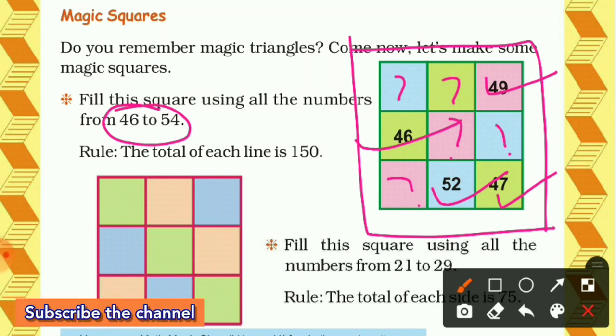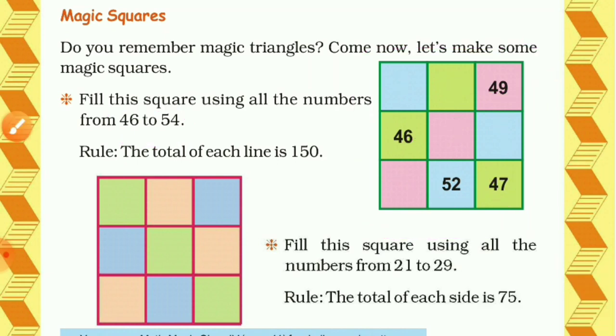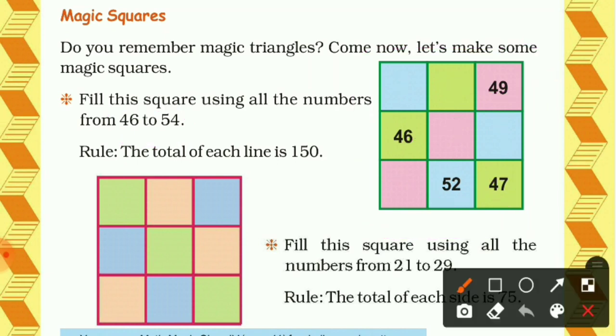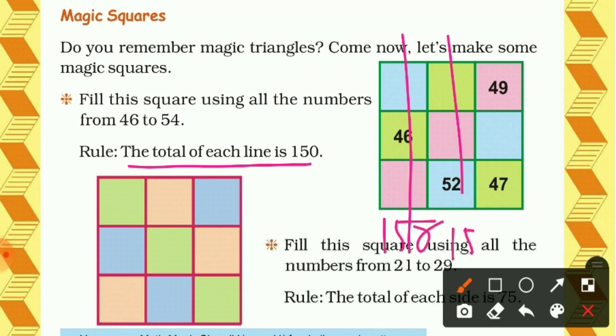So what are those numbers? 46, 47, 48, 49, 50, 51, 52, 53, and at last 54. These numbers we can use to fill these blanks. Now second, the total of each line is 150. Each line means if you check vertically, it should be 150 for the second vertical and another 150 for the third vertical.